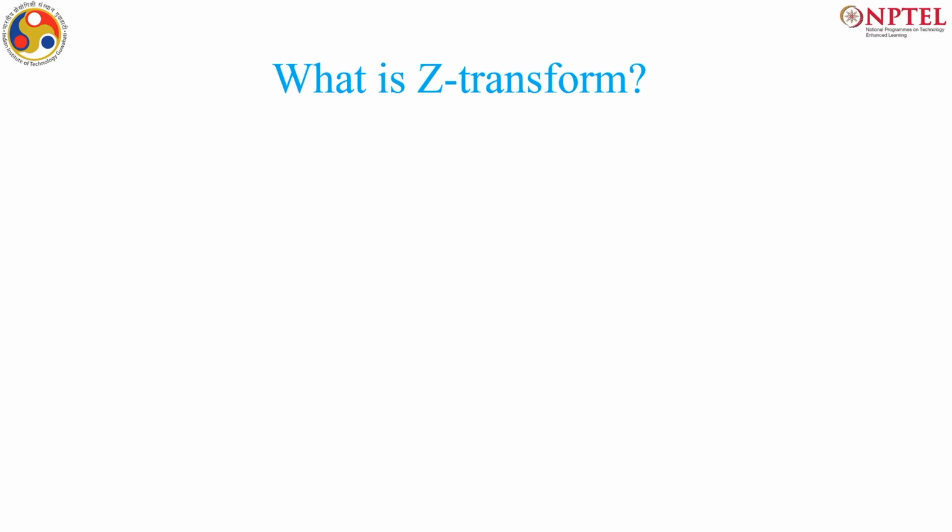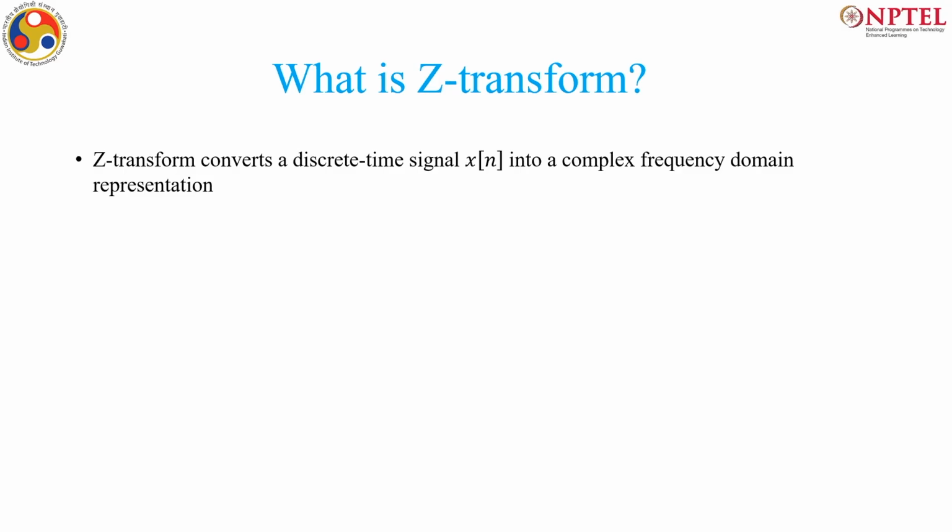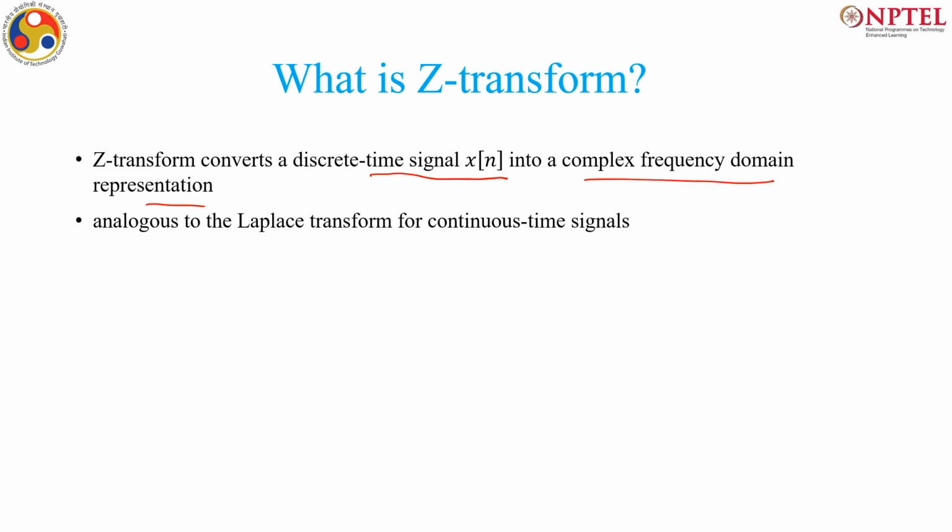So, what is this Z transform? We already have a transform in the frequency domain, which is the Fourier transform. Z transform is another transform which converts my discrete time signal x of n into a complex frequency domain representation, and this is analogous to the Laplace transform for continuous time signals.